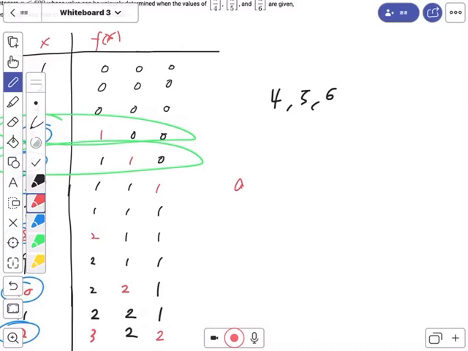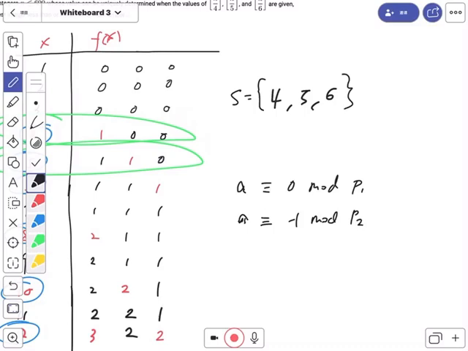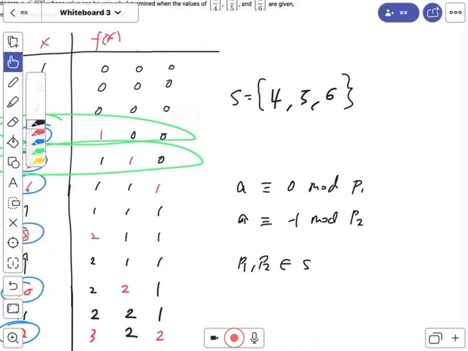If A is a number that we want to find that can be uniquely determined if it's given the three values, then A must satisfy 0 mod P1, and A must satisfy -1 mod P2, where P1, P2 belong to this set S. And obviously P1 cannot be equal to P2.